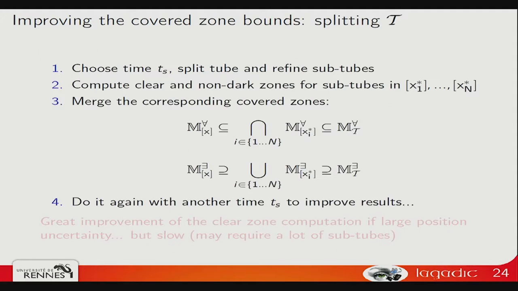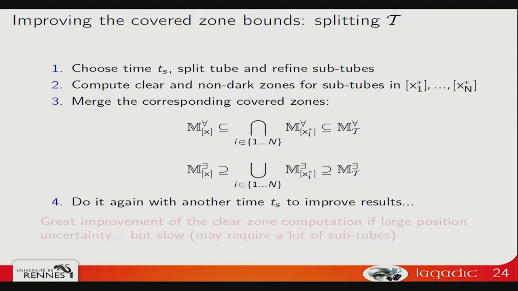So to do this, we choose a given time, we split the tubes, we compute the clear and non-dark zone for all these subtubes, and then to merge them, to compute the clear zone, we have to do the intersection of the clear zones of the subtubes, and to compute the non-dark zone, we have to do the union.